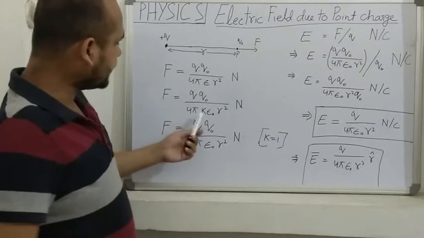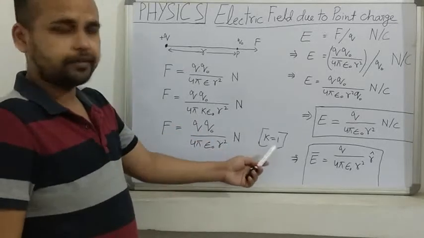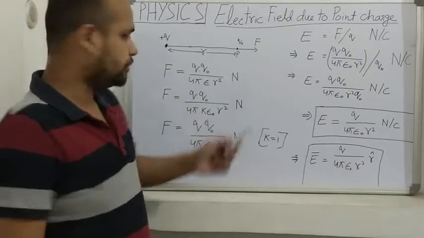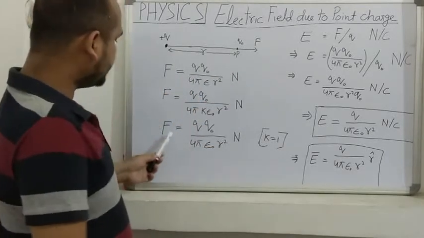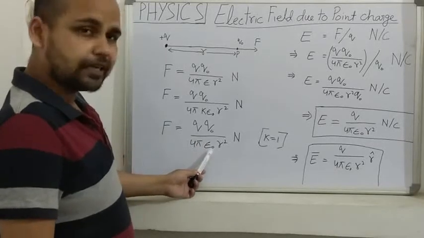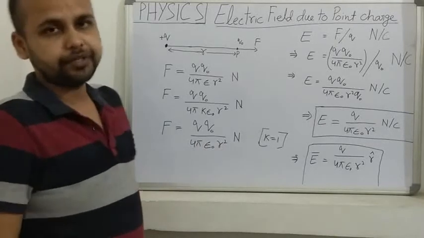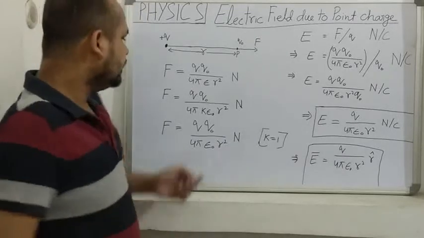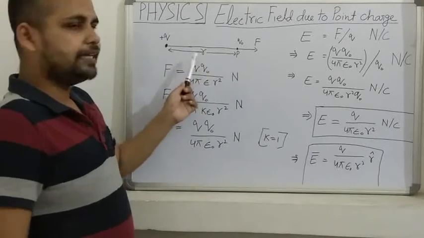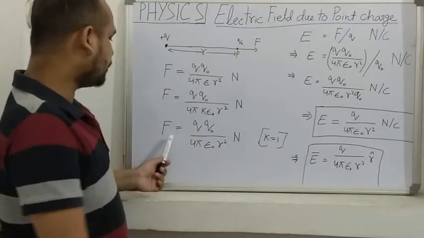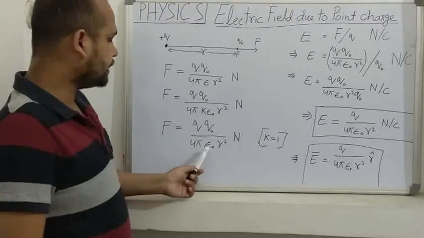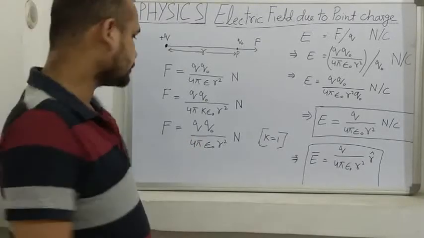So if we are taking the dielectric constant equal to 1, means we are considering the system to be placed in air or vacuum, then the force F can be written as F is equal to Q into Q naught upon 4 pi epsilon naught R square Newton. So here, considering this system to be placed in air or vacuum, we have found the force F equal to Q Q naught upon 4 pi epsilon naught R square.